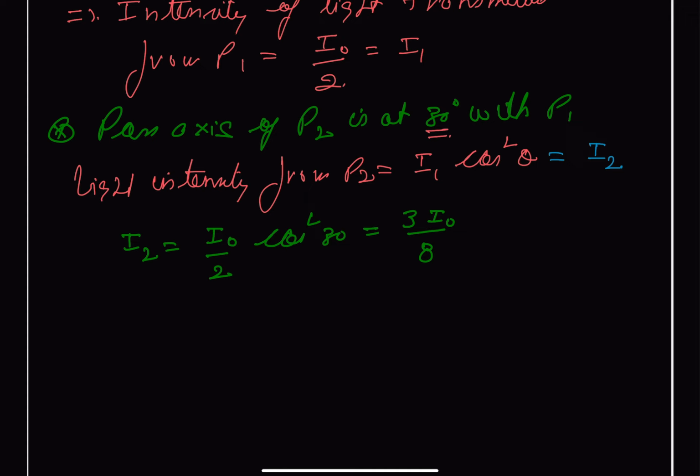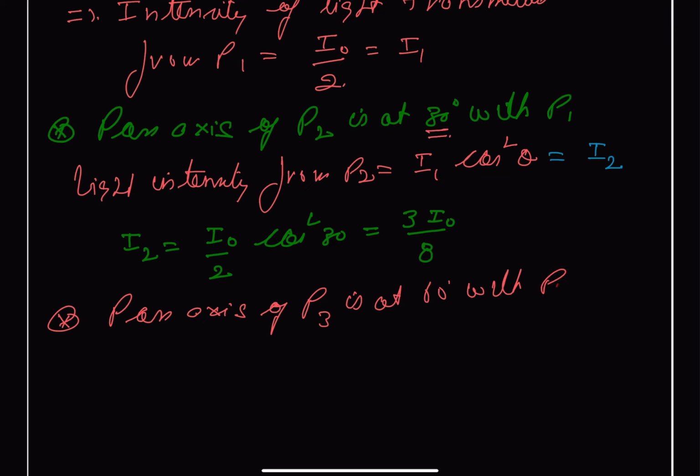And next we are given that the pass axis of P3 is at an angle of 60 degrees with P2.